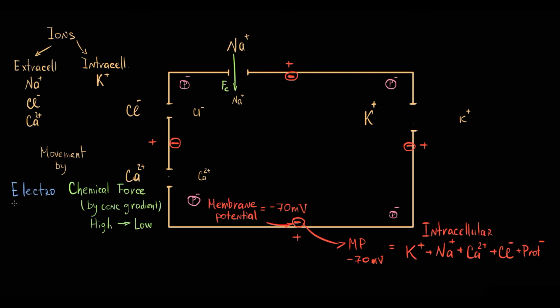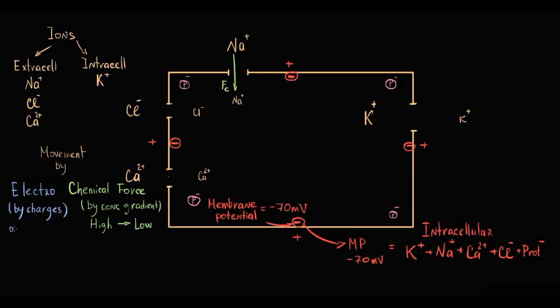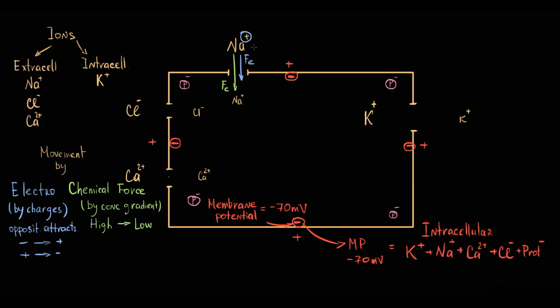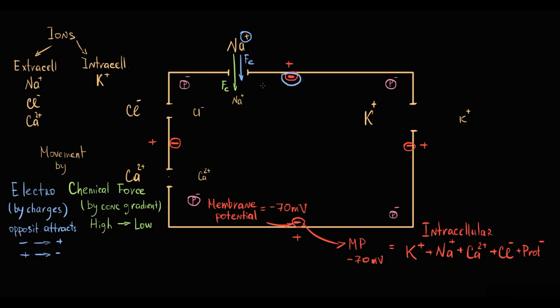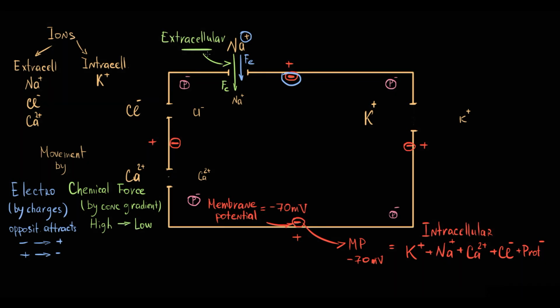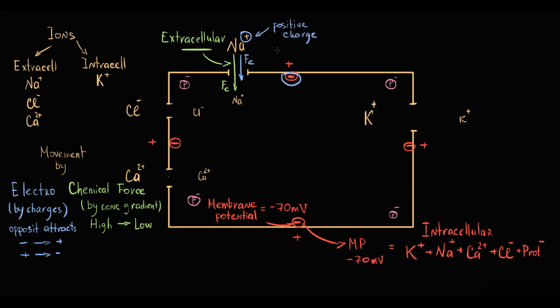Additional force is electric. Electro means that ions move by charges. As we know, opposites attract, so positively charged ions such as sodium tend to move inside the cell because inside the cell is negative charge. So sodium is an extracellular ion, thereby by chemical force sodium moves inside the cell, and because sodium has positive charge, by electric force sodium moves also inside the cell.